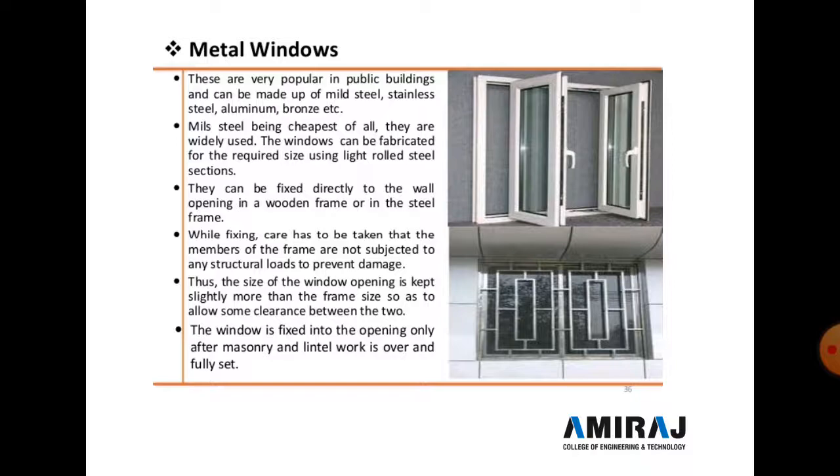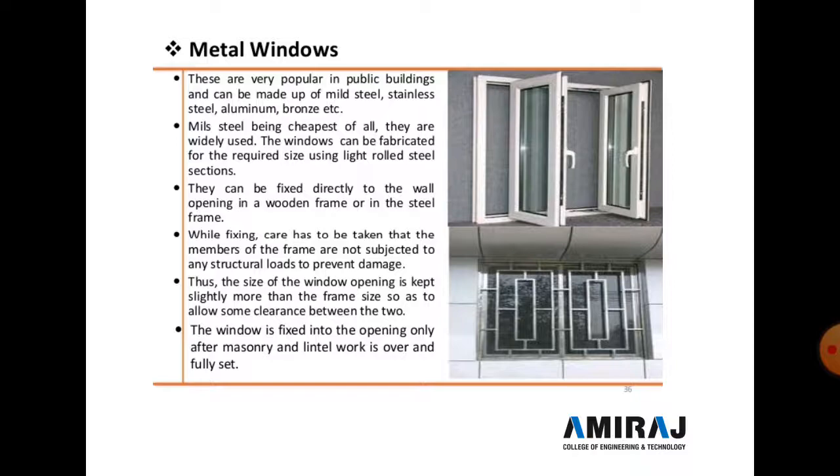Nowadays in high-rise buildings, to decrease the weight of the structure, this type of metal window, meaning the aluminum window, is provided, because it is light in weight compared to wooden ones. The window opening is kept slightly more than the frame size, so that clearance is allowed between them.